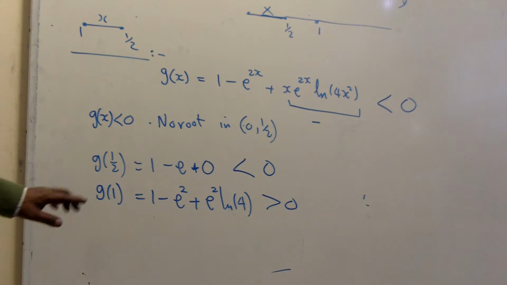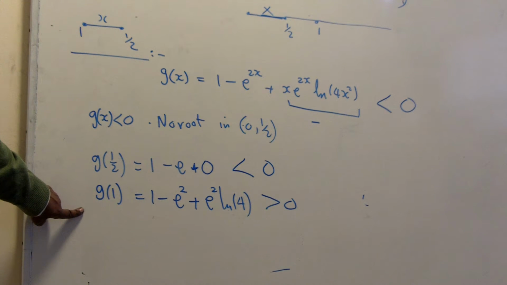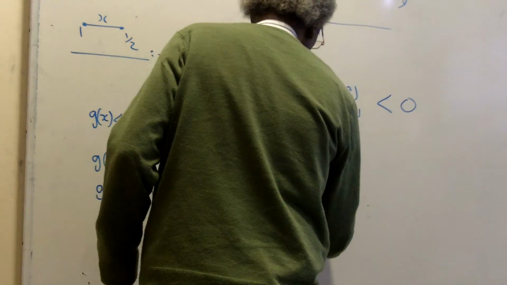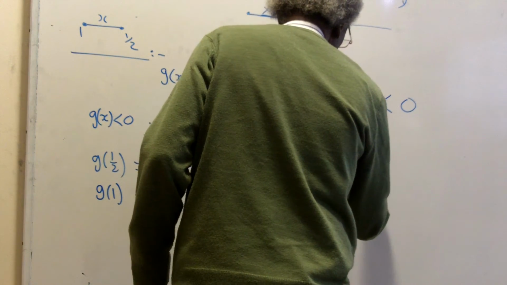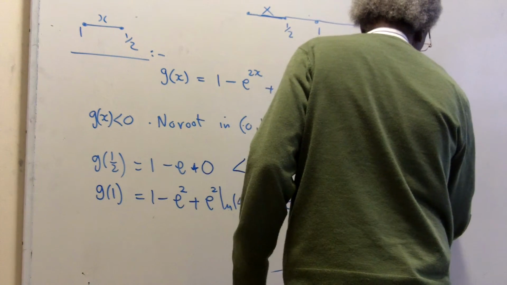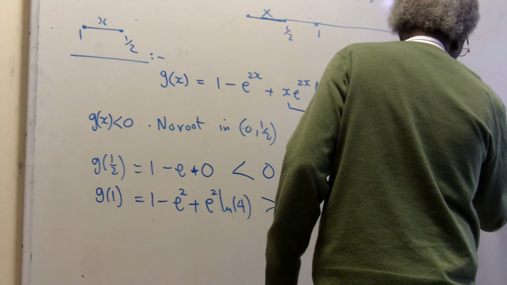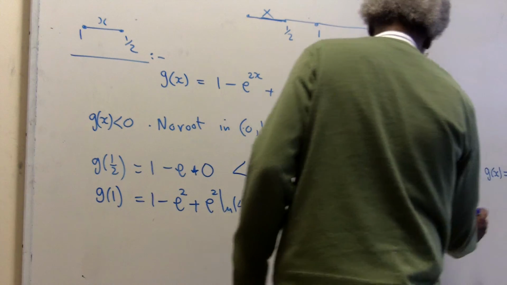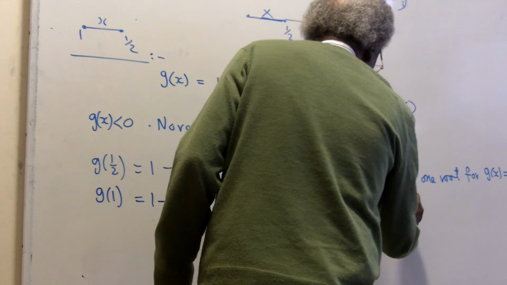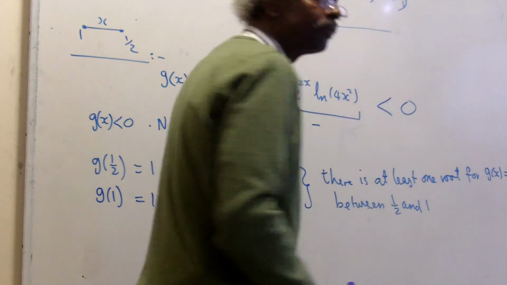So therefore you can see here the graph is negative and here it is positive. So from these two, there is at least one root.